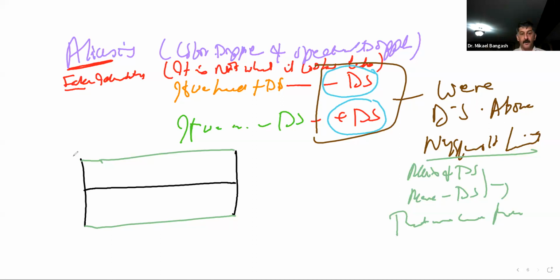Now we had a positive Doppler shift where this part here was missing, which is going to show down here. And this part here is the aliased portion.